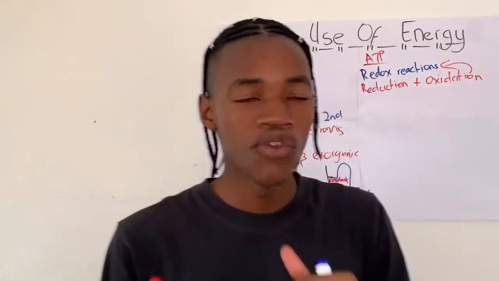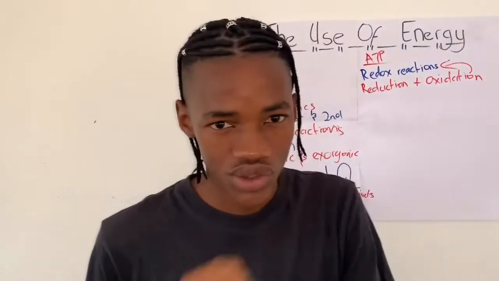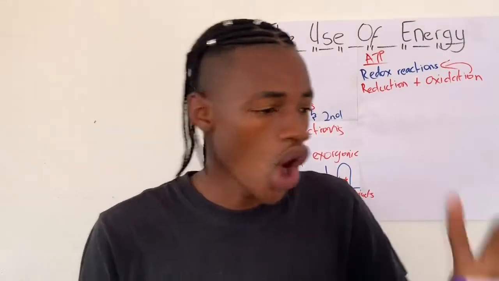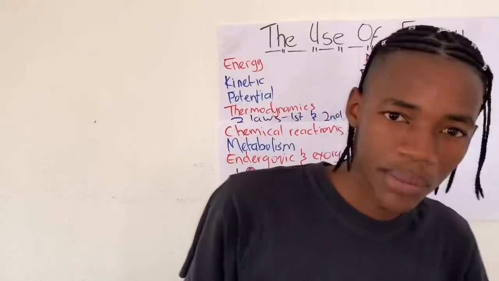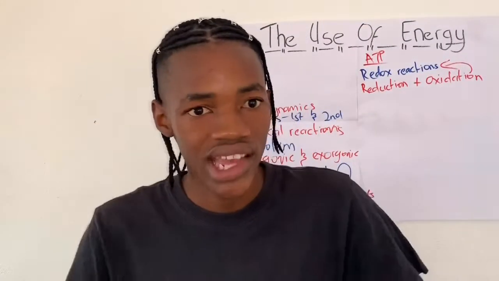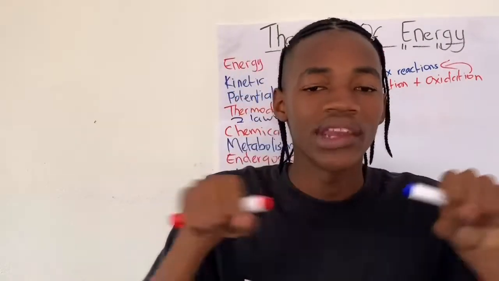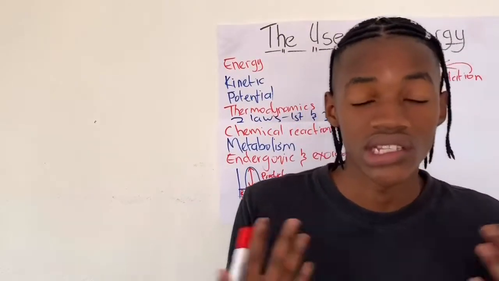For oxidation to happen, a reduction must also happen, because once a molecule is oxidized, the other one is reduced at the same time. They never happen at different times.